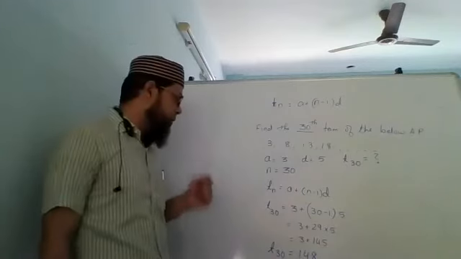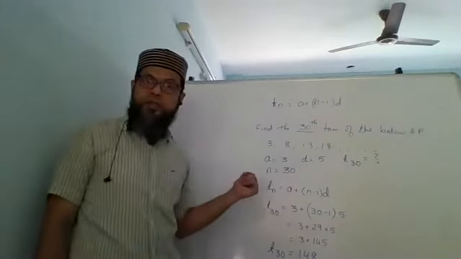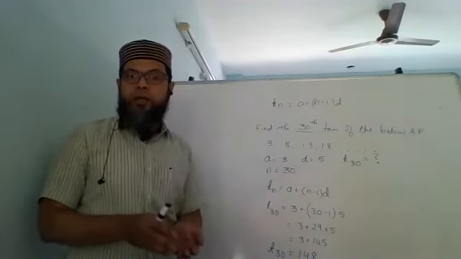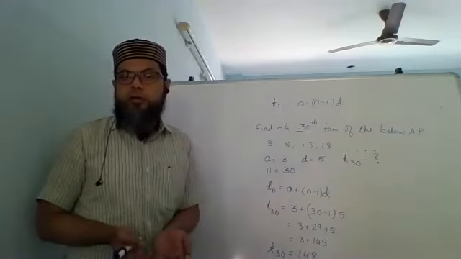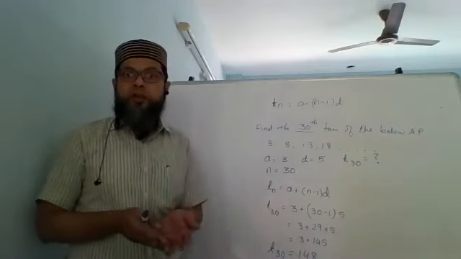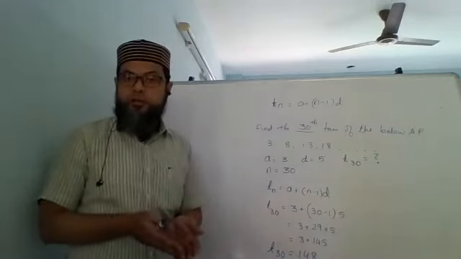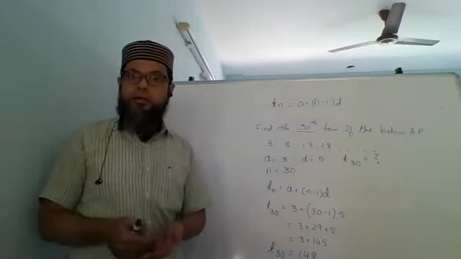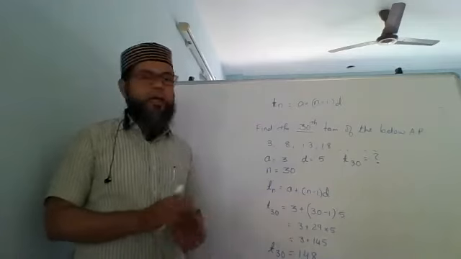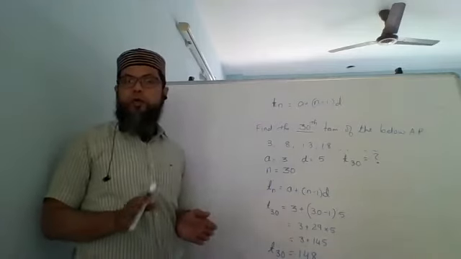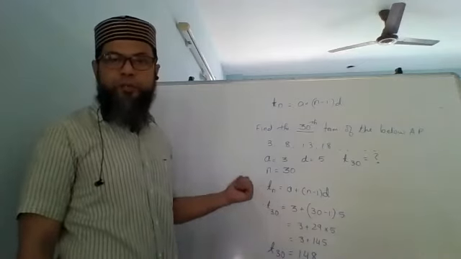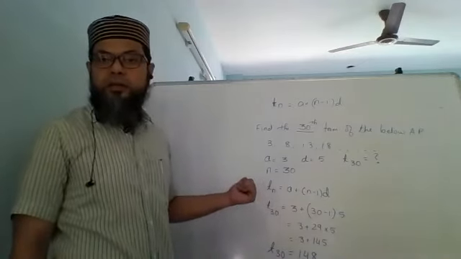Nobody is going to applaud you that you finished the sum before everybody and you got it wrong. You finish it before everybody and get it right, that's amazing. You finish second or third and get it right, that is still good. But finishing first and not getting it right is not going to help. So don't go for speed at the cost of accuracy. Accuracy is more important than speed.